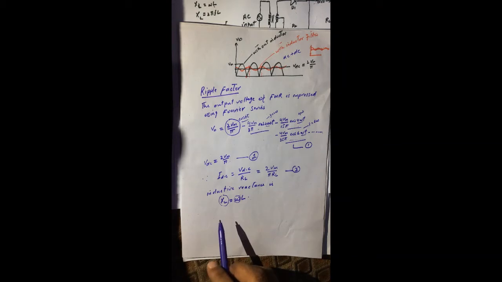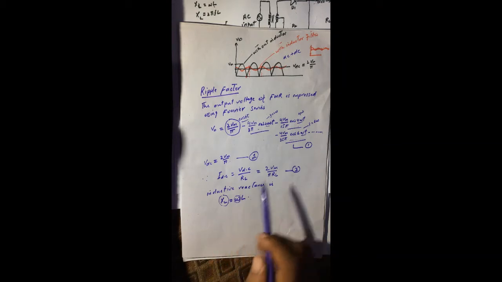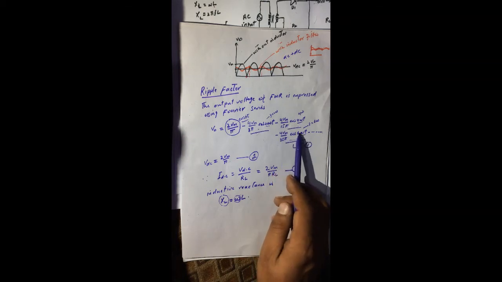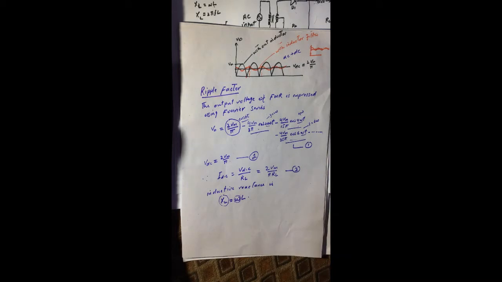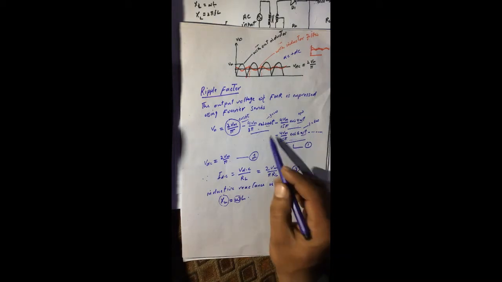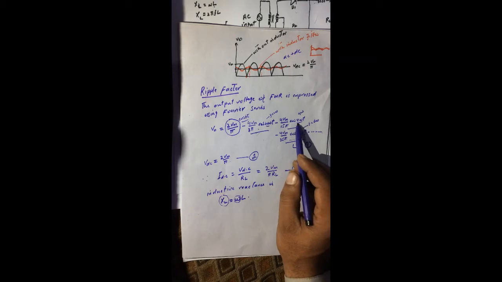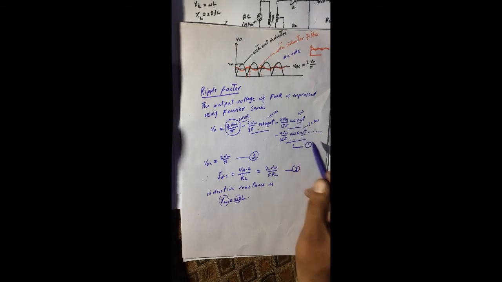So it means that as we move from second to third, or from third to fourth, and so on, the frequency also increases. The frequency increases from 2 omega. The second harmonic is of frequency 2 omega. The third harmonic is of frequency 4 omega.